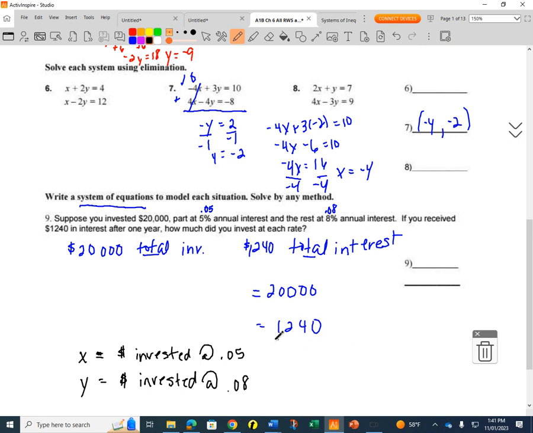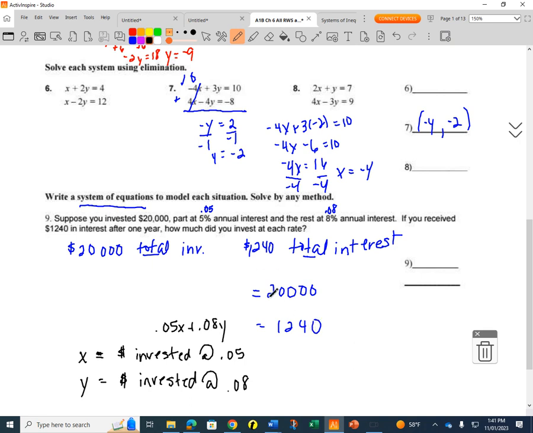So this equation is going to be 0.05x plus 0.08y. So the amount of money at 5% plus the amount of money invested at 8% gives us a total earning or total interest of 1,240.